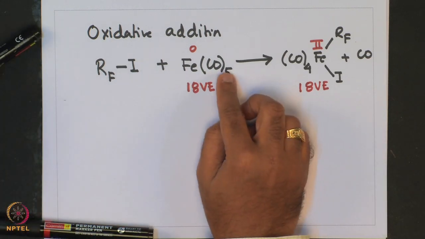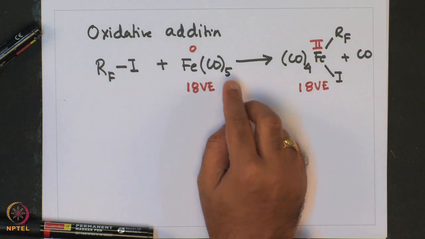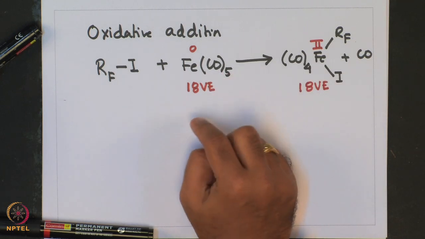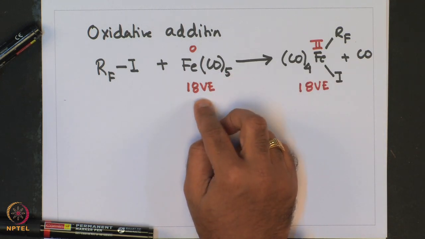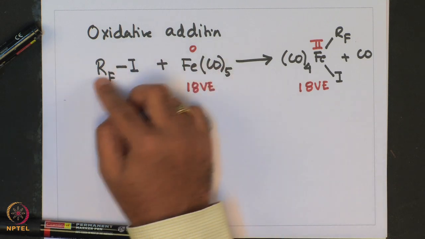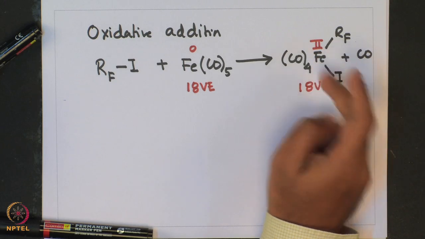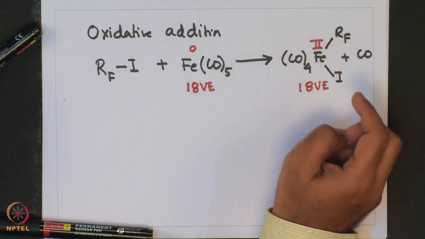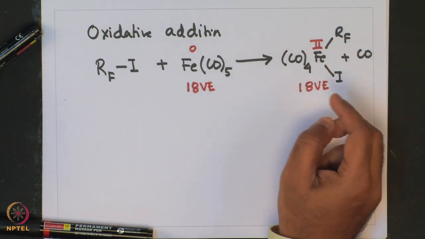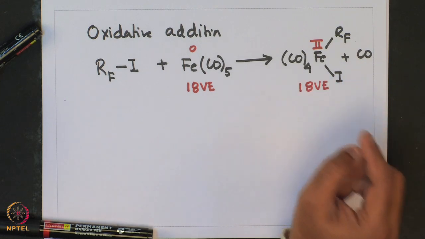Actually, it loses a CO to become coordinatively unsaturated to give a 16 valence electron compound, which then oxidatively adds to give the resulting (CO)4Fe(RF)I 18 valence electron compound.